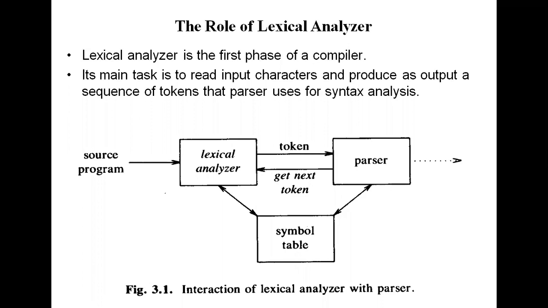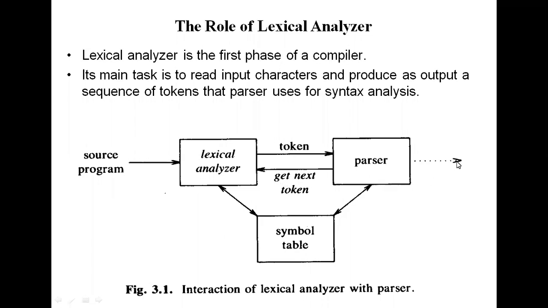The first point I am going to explain about the role of the lexical analyzer is that it is the first phase of the compiler. See here the structure consisting of a source program and the lexical analyzer. From the lexical analyzer to the parser there is an arrow representing a token, and from the parser to the lexical analyzer there is an arrow representing get next token.